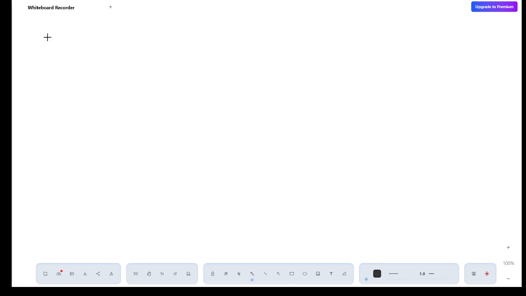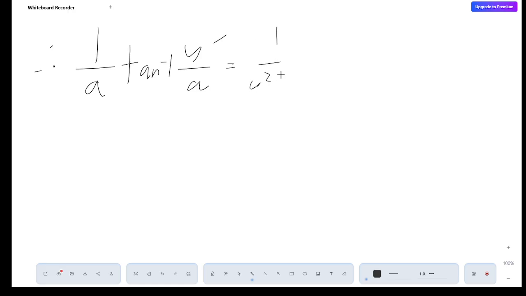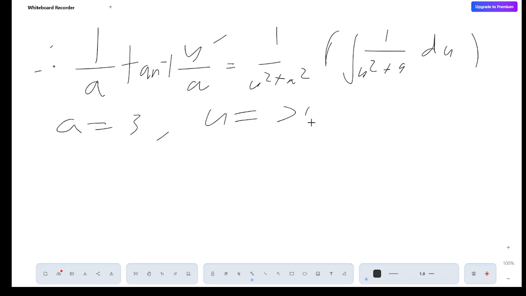Just for another repetition for note-taking purposes, you can say 1 over a tan inverse of u on a, the derivative of this will equal 1 over u squared plus a squared, matching the integral we had, u squared plus 9 du. So now, all we need to do is a equals 3, and whatever u we let in our u substitution earlier, which is x minus 2, now we just simply sub it into the primitive.